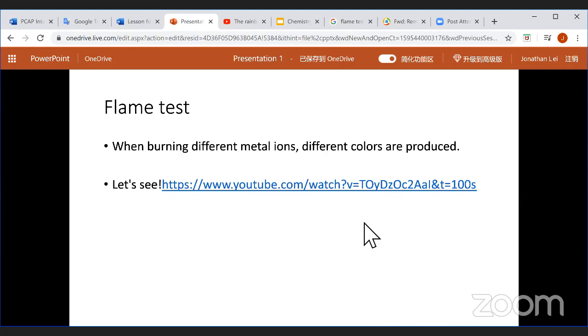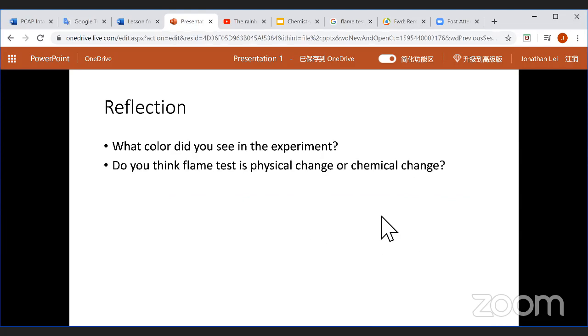That's good enough. So what colors did you see in the experiment? For example, I see green and red. Do you see any other colors?